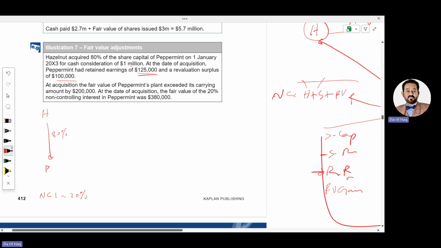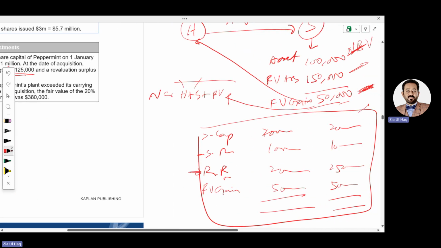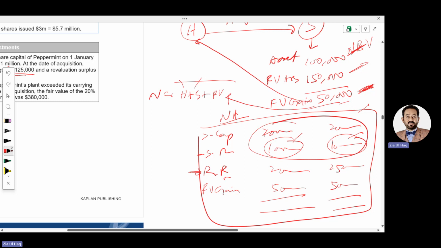It will be dealt with similarly to share premium. It's the same figure at the reporting date and at the acquisition date. This will be used only in calculating net assets. In consolidation, we ignore them because we use only the share capital, share premium, and revaluation reserve of the parent company.